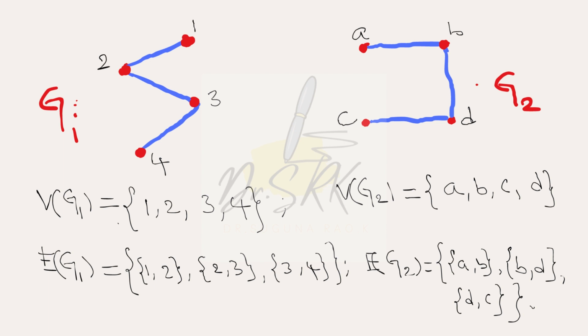Vertex 2 is connected to 3 by an edge. Vertex 3 is connected to 4 by an edge. That's why E of G1, the edges in G1, are (1, 2), (2, 3) and (3, 4). These are the edges in the first graph G1. What are the edges in the second graph? AB, BD, DC.